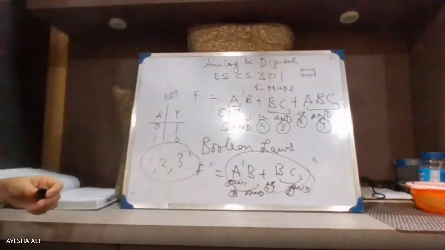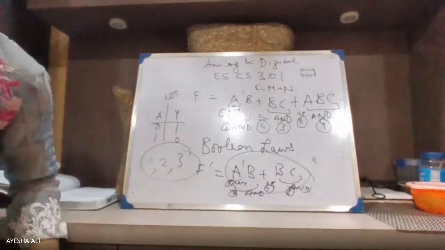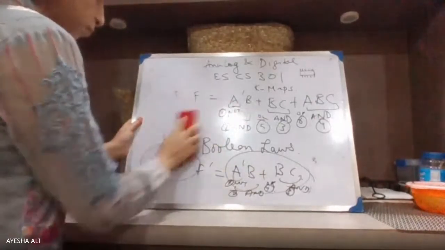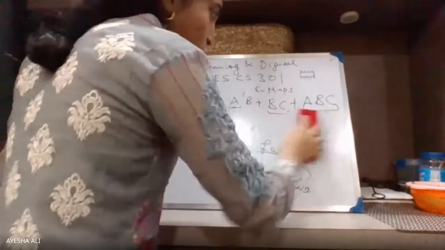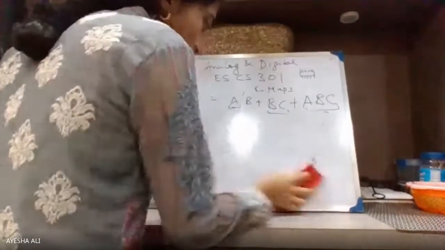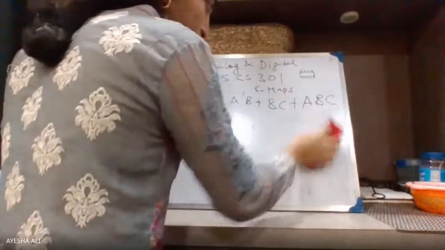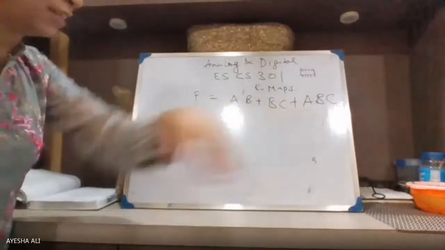Okay, another drawback is what? Another drawback is, suppose, now this drawback which I'm going to tell is a very common drawback and it will be faced by everyone. See, suppose this is my expression. Now I have given this expression to the entire class.